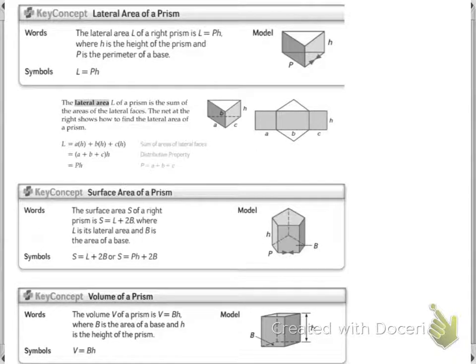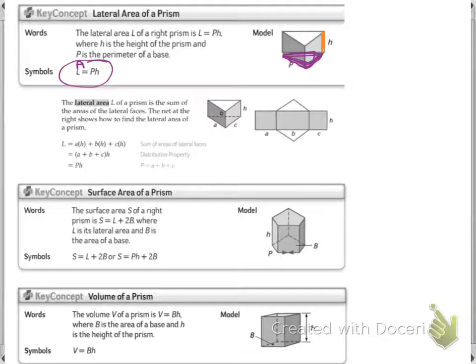So the first is the lateral area of a prism. Normally you see LA equals PH, but think about what we're getting here. We're getting the area of everything except the two bases, and so it's going to be P, which is the perimeter of your base. Here, this is a triangular prism, so whatever the perimeter of that base is, that would be that number, and then the height is going to be the height of your prism.